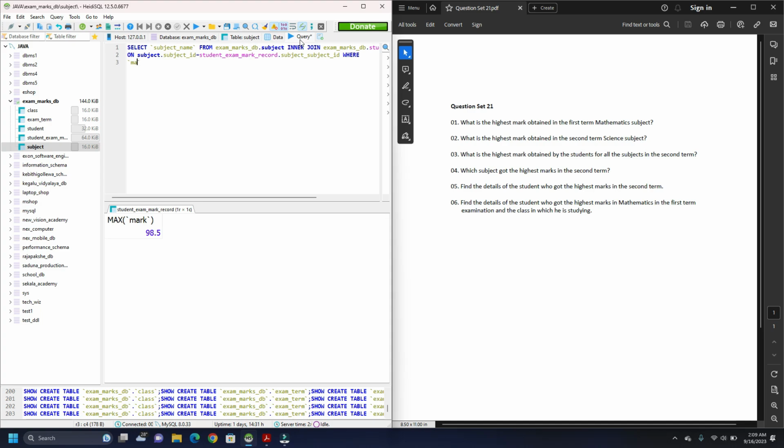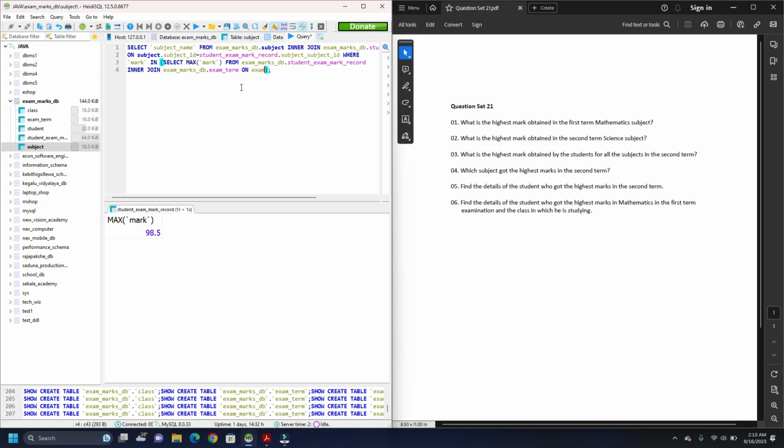Where mark in, so we have to write a subquery here. To find the highest mark in the second term, we have to write select max mark from student exam mark record table, joining it with the term table to get the second term.